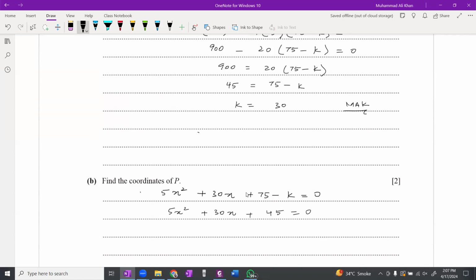By using our calculators, find out the value of x, and the value of x is minus 3.